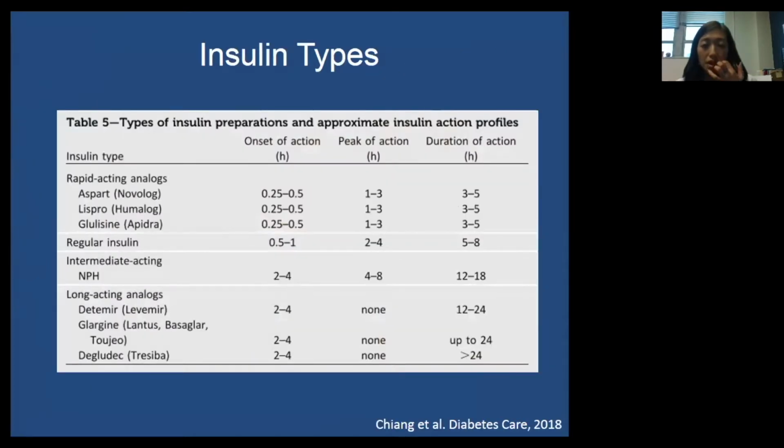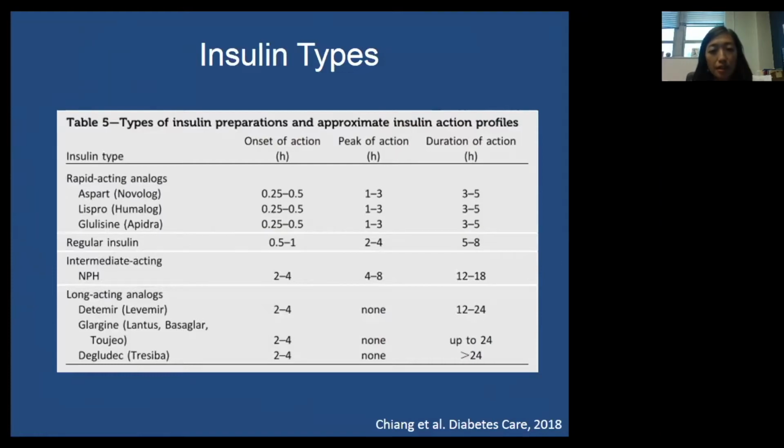So the main treatment for type 1 diabetes is insulin. What type of insulin you use is, in this day and age, determined by what insurance they have, unfortunately, or don't have for that matter. But you can use any combination of a longer or intermediate acting insulin, such as NPH, or any of these longer acting insulins, in addition to a rapid acting insulin, like Novolog, Humalog, or Apidra, or regular insulin as well.